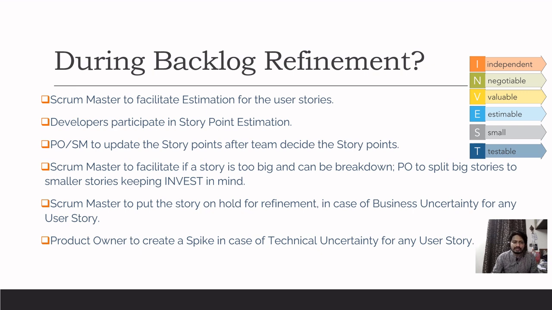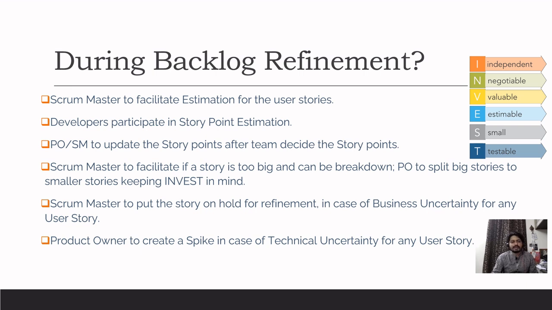Okay, so there are a few more things that we do during the backlog refinement. Once the team is aligned, the team has got that shared understanding, then the Scrum Master will facilitate the estimation for that user story. So the idea is, once a team talks through a particular user story, they identify all the risks and dependencies, they discuss the complexity of that particular user story, they talk about how much effort will go into implementing that, then it's a good idea to estimate it and keep it ready for sprint planning.